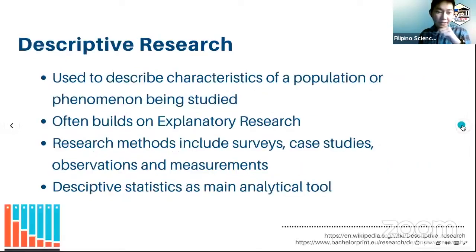Okay? Next one is the descriptive research, and this often builds on the exploratory research. I'm sorry, this is a typo. This is because when you have exploratory research, we have the data gathered from exploratory research. It can point out the most important aspects. So parang the exploratory research would tell you to look at this part, this aspect, and this aspect.